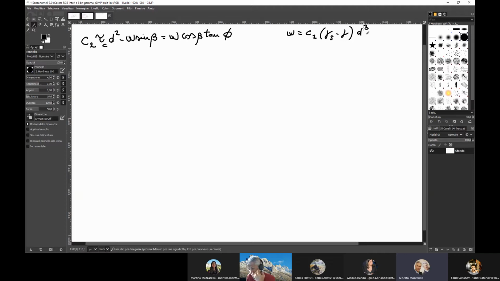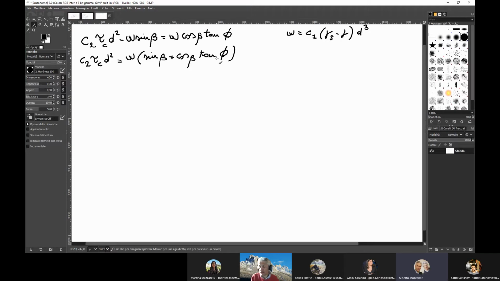Before making the substitution, let me rearrange the equation a little bit: C2 tau C d square is equal to W, which multiplies sin beta plus cos beta tan phi.